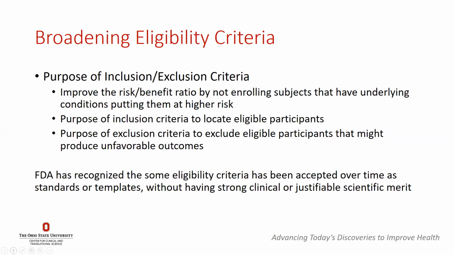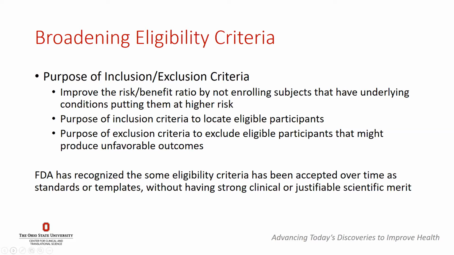And then also the exclusion criteria seeks to exclude those that would be at a higher risk than others, such as if they had an underlying disease, such as kidney or something like that, that was contrary to the disease that you were studying.